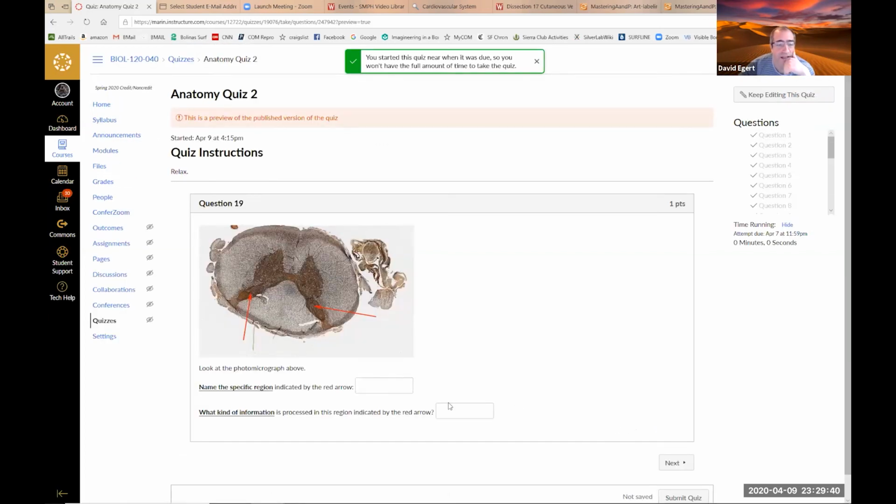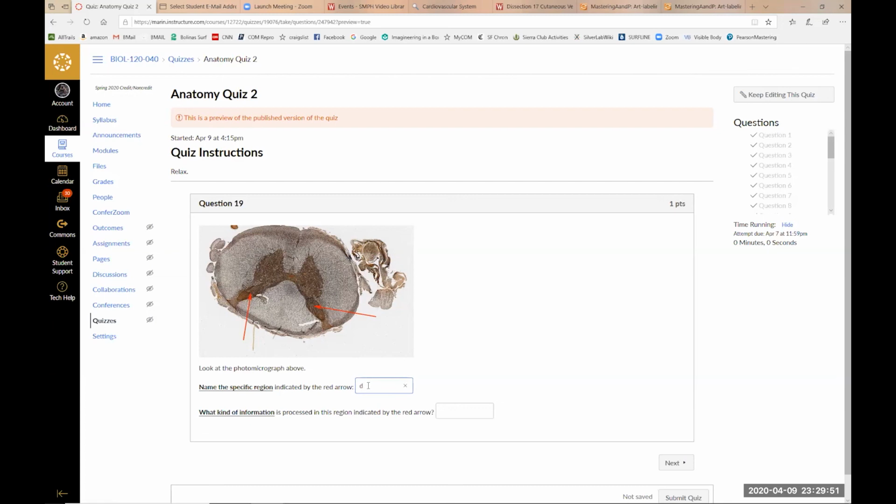Here I have a nice little picture of a spinal cord. What area is indicated by the red arrows? Dorsal roots. Not dorsal roots. Dorsal horn. So the roots are the nerves that are actually coming out already.